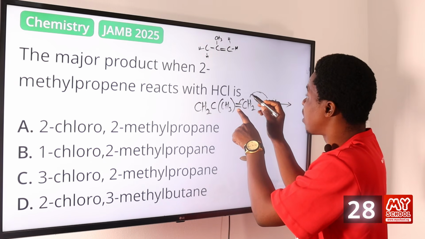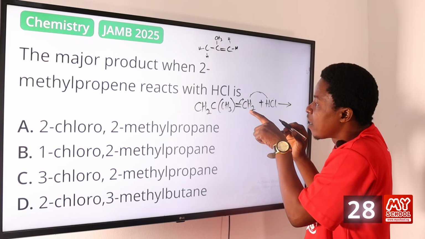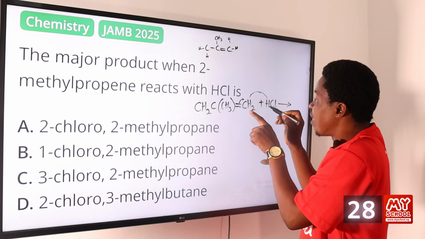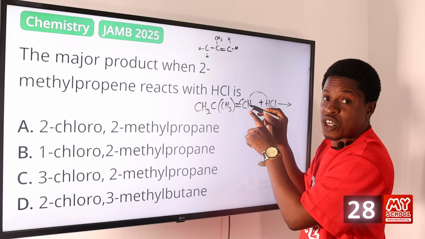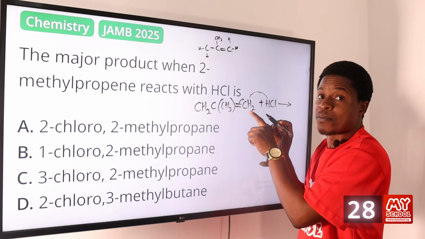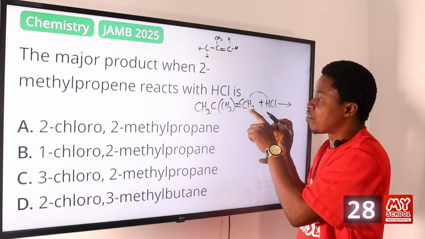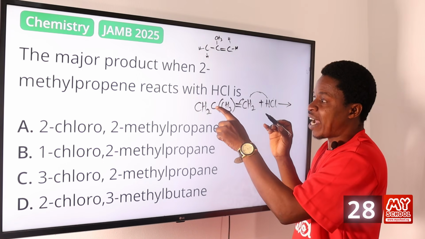This carbon atom has 2 hydrogen atoms here, so according to Markovnikov's rule, the hydrogen from this hydrogen halide attaches itself to the carbon atom that has more hydrogen atoms. Here we have 2 hydrogen atoms, but for this carbon we have methyl, not hydrogen, so there's no hydrogen for this.